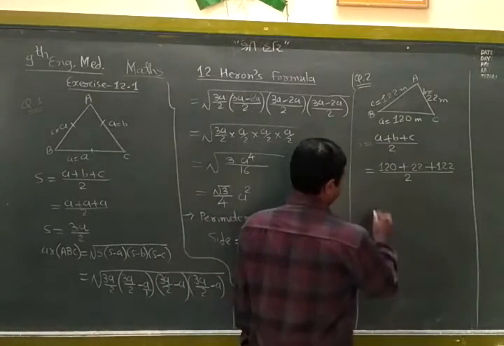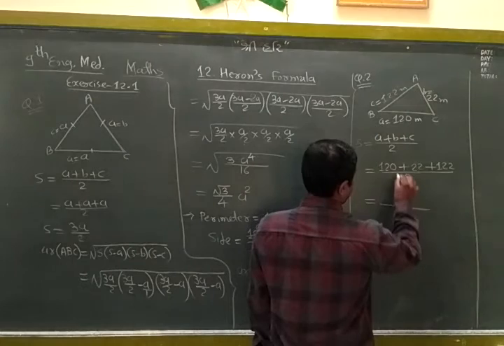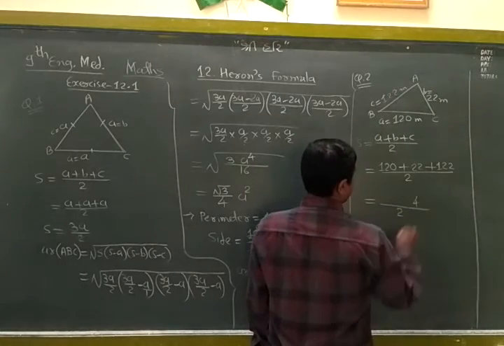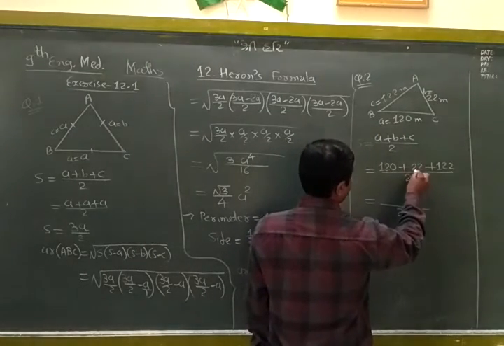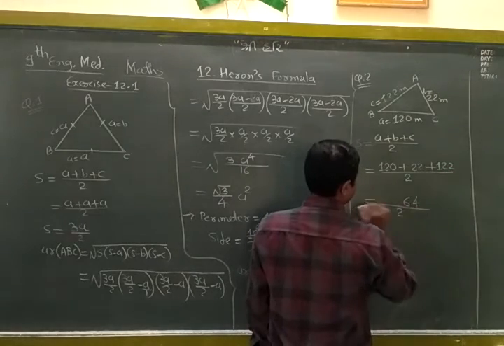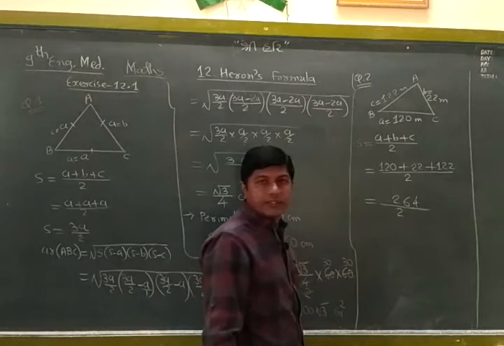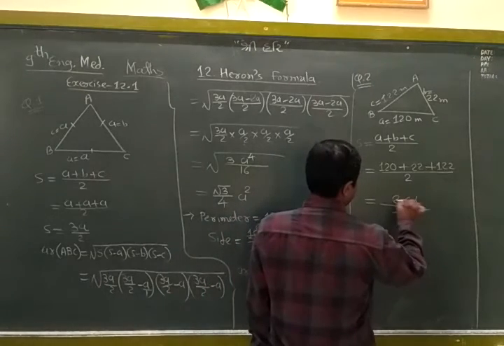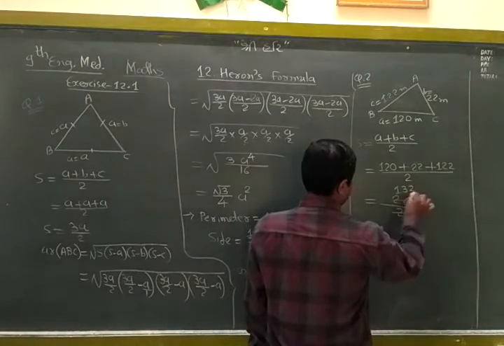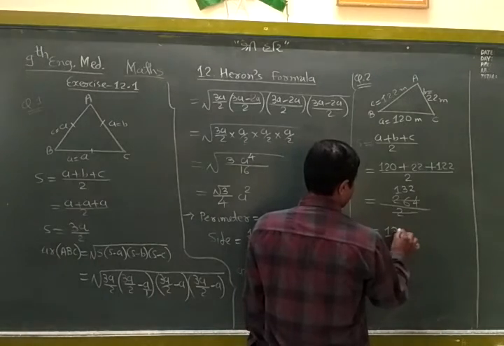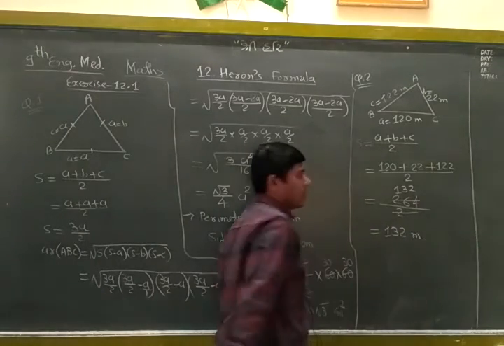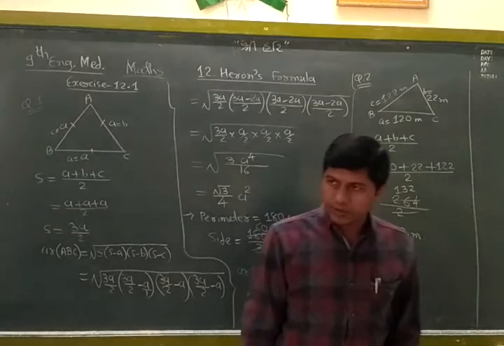First the addition: 2 plus 2 is 4, 2 plus 2 is 4, 4 plus 2 is 6, 1 and 1 is 2. Okay, this is the addition. Cutting, 132 meter. This is the semi perimeter. Okay.